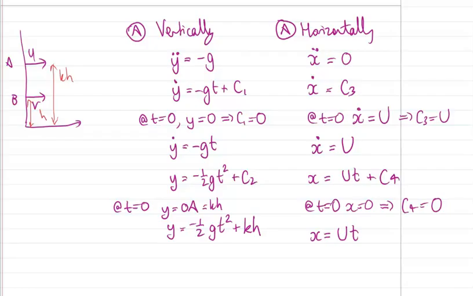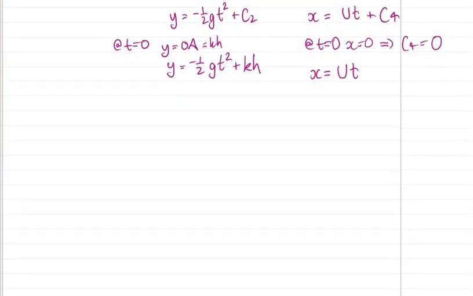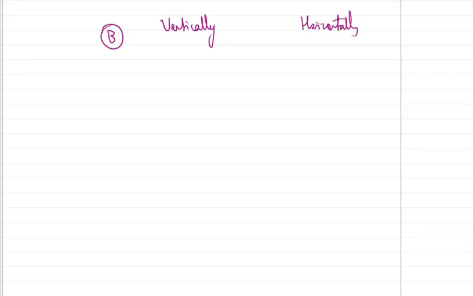All right, let's now work our way through what's going on for B. This is going to be similar but slightly different because we know that B gets launched after T seconds. But let's just work vertically through B and then we'll work horizontally. When I work vertically through B, I know that y double dot equals minus g. I know that y dot equals minus gt plus some constant I'll call C5.